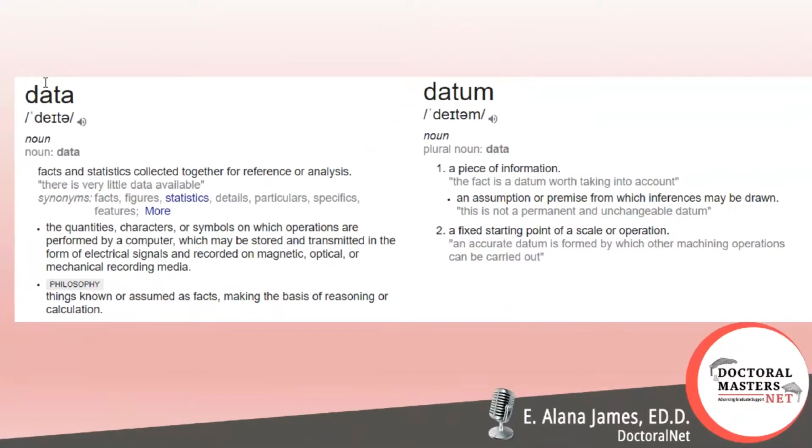Facts, statistics collected together for reference or analysis, quantities, characters, symbols, assumed facts, and then when it's plural, a piece of information, an assumption or premise from which inferences can be drawn, and a fixed starting point of a scale or operation.